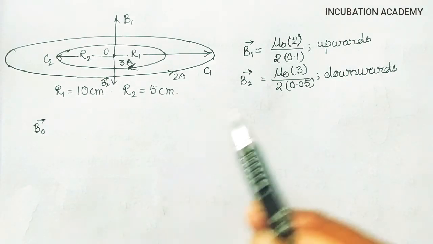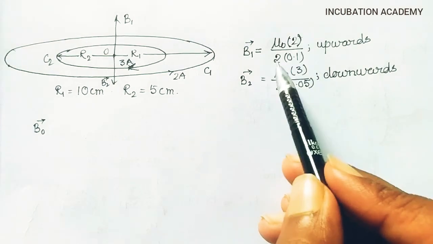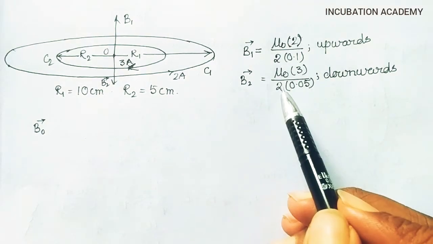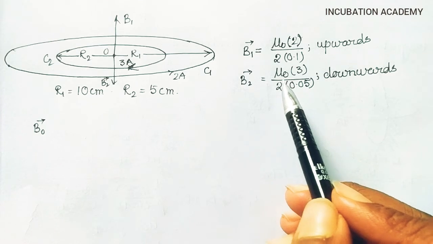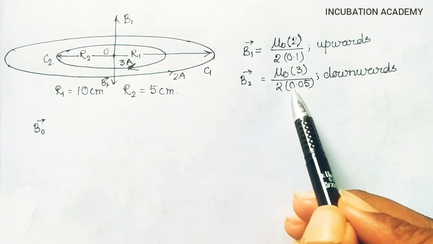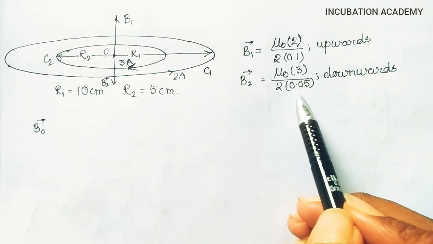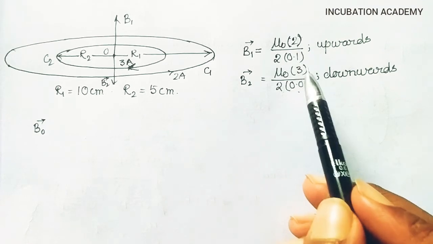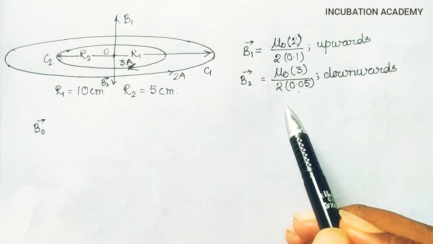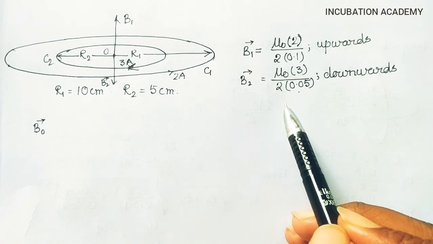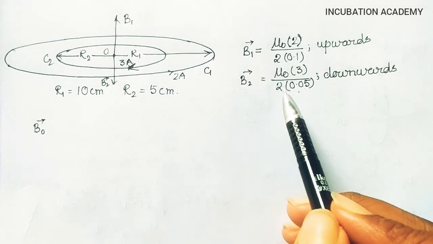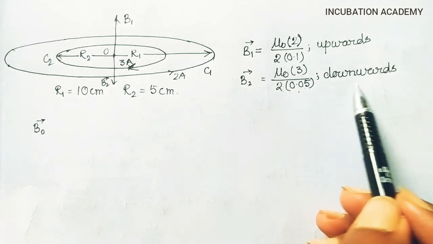So if I check, this 2 and 2 cancel out, so it becomes mu naught by 0.1, and this is mu naught into 3 divided by 2 into 0.05. 2 into 0.05 basically gives you 0.1. So this becomes mu naught by 0.1 and this becomes 3 mu naught by 0.1. So obviously B2 is greater than B1, so the resultant magnetic field will be in the downward direction.